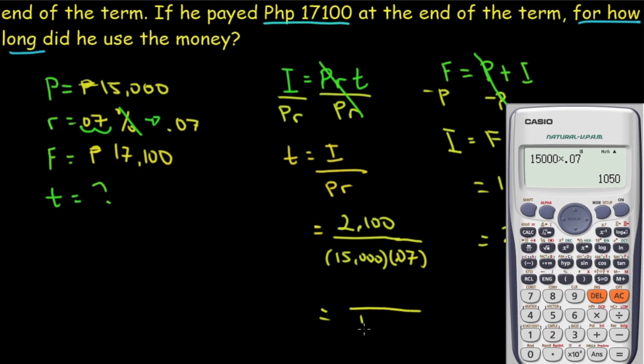Yun yung denominator natin ngayon, 1,050. Numerator pa rin natin is 2,100, which means to solve for time, yung t, divide natin yung 2,100 by 1,050. Gamitin na ulit natin yung calculator natin. 2,100 divided by 1,050. At ang sagot, 2.